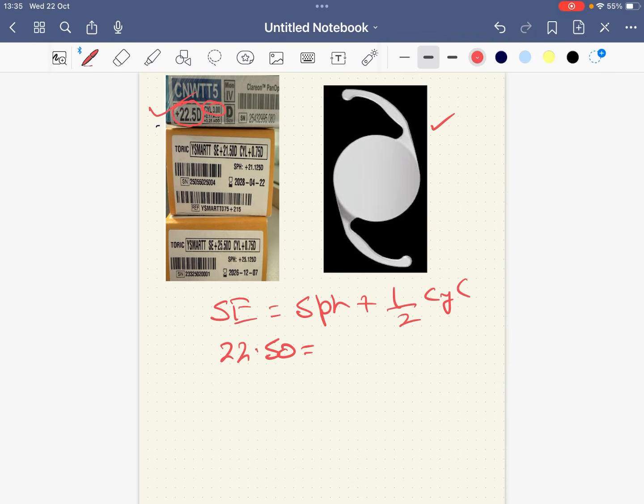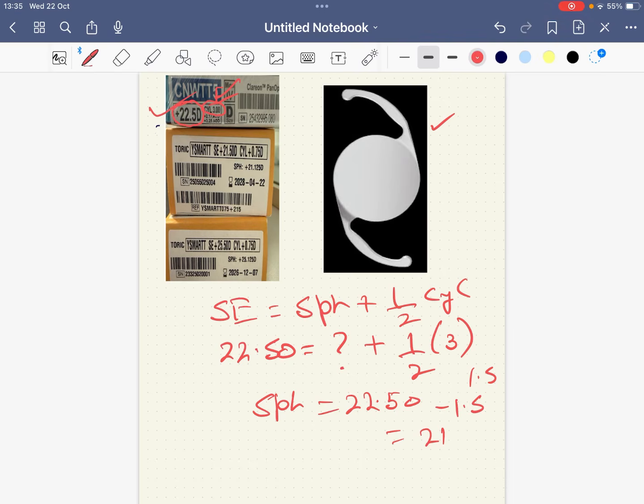We do not know the sphere power. And then plus half of the cylinder power. We know the cylinder power over here, that is 3 diopters. Half of 3 diopters is how much? 1.5 diopters. So the spherical power in this IOL will be 22.50 minus 1.5 diopters, which is 21 diopters, right?